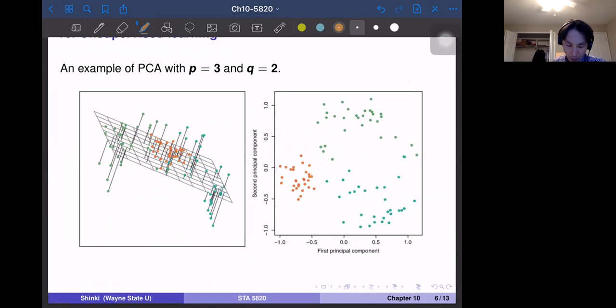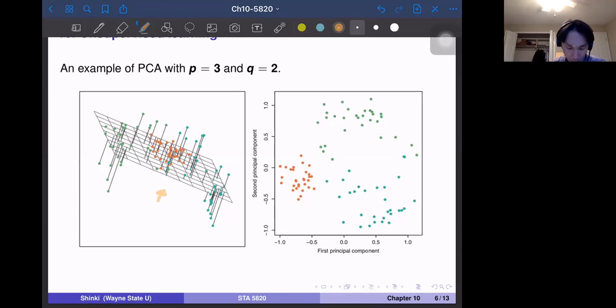Yeah, and sometimes if we use principal components, it's easier to see the difference. Easier to differentiate the observations into groups. So these are actually a supervised case.